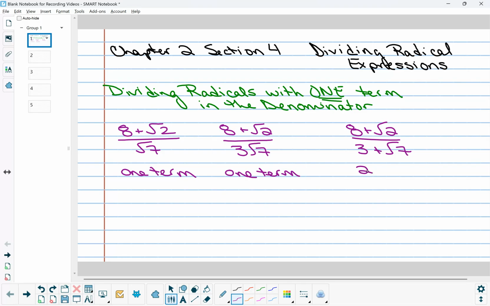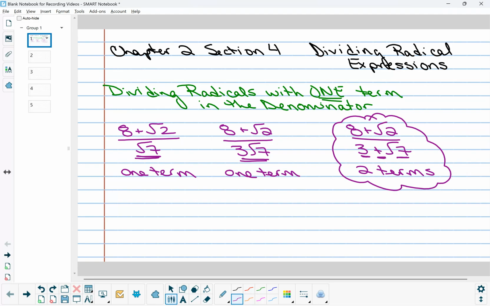This has two terms in the denominator. Okay, so this one we'll be talking about in a minute, but notice the plus sign in here. So here's one term, here's the second term, and that's what gives it two terms, all right? So this one has just a radical, this one has a coefficient on the radical, but those both have only one term in the denominator. Denominator being the bottom of the fraction, right?